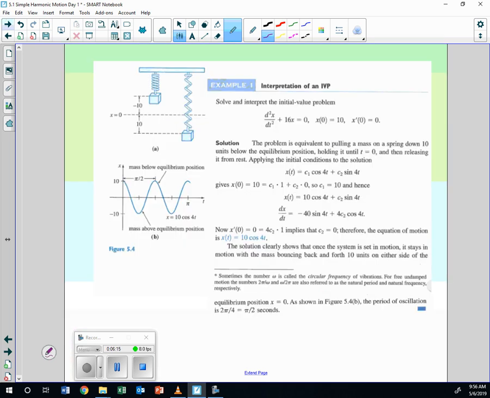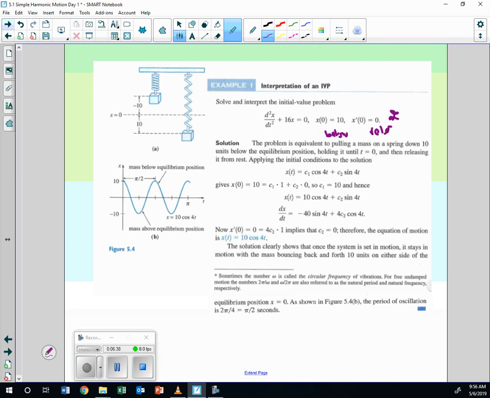Okay. Then we looked at a sample problem. This one here, d squared x over dt squared plus 16x equals 0. Initial conditions, it looks like this is below, and this is going to be released from rest.